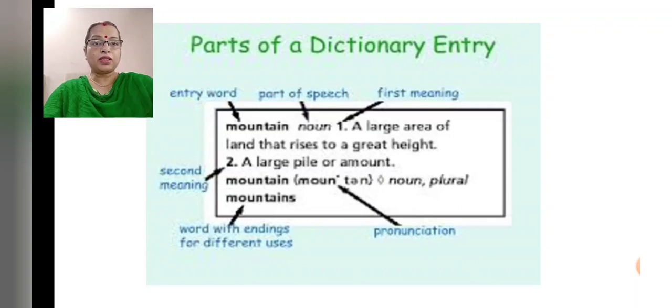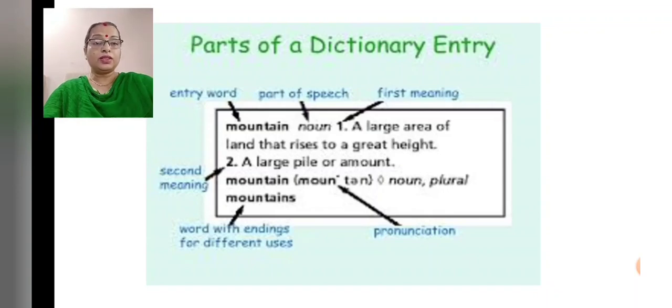It is the part of speech of the word mountain. Next, you find number 1 given. So here is the first meaning. What is the meaning of this word mountain? The first meaning is a large area of land that rises to a great height.